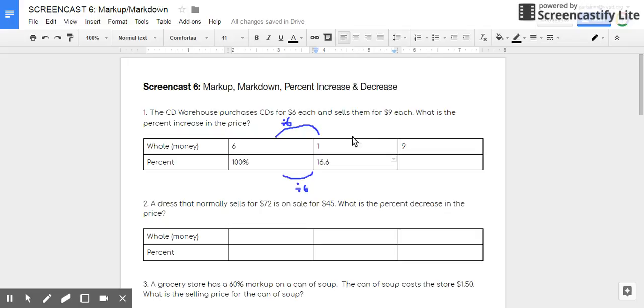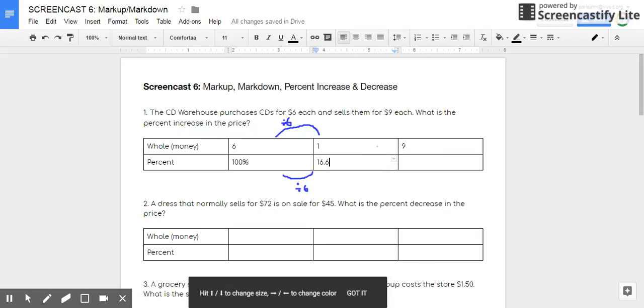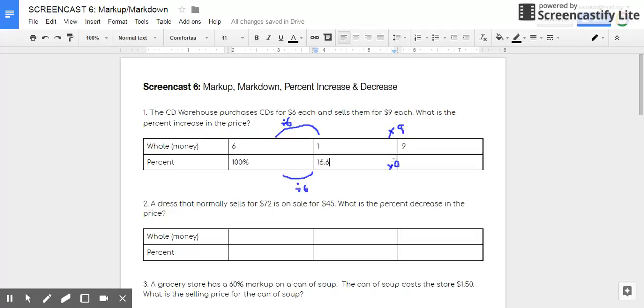Now looking up here, we can get from 1 to 9 by multiplying by 9. Whatever we do to the numerator, we have to do to the denominator. So we can do 16.6 repeating, that is still in our calculator, and we are going to press times 9.